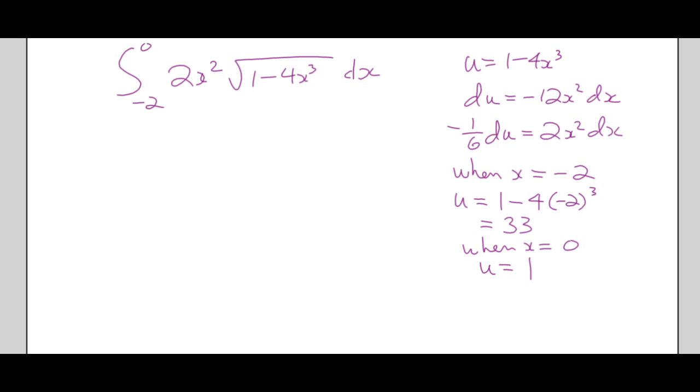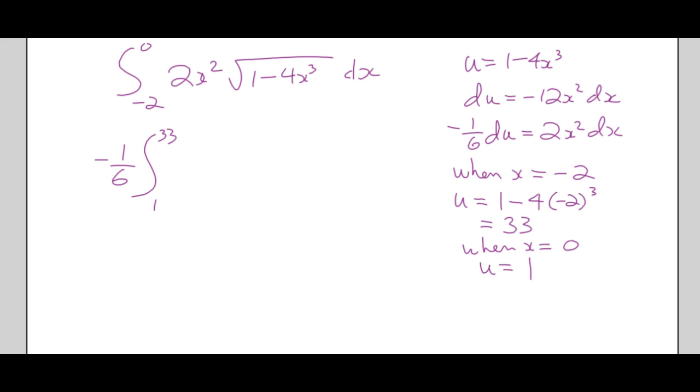Okay, so now what do we have? We have the definite integral with a lower bound of 1 to an upper bound of 33. The 2x squared dx has been replaced with -1/6 du. The -1/6 can simply come up front.